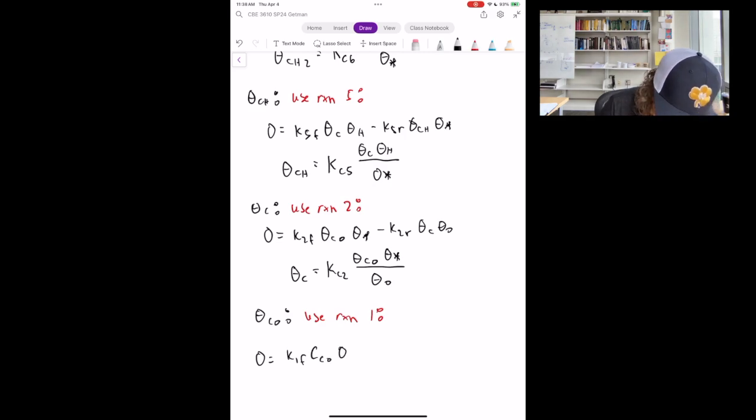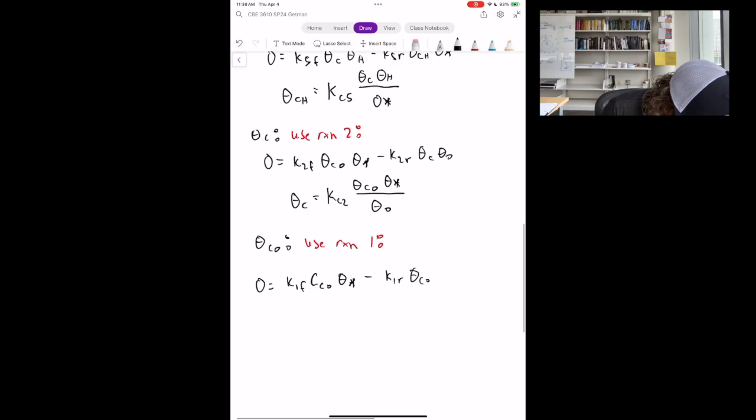We're getting a gas phase concentration finally, instead of a coverage variable. This allows me to solve for my coverage variable. That's going to be K1C, or I guess I should maintain the same notation. So C1, again, that K, uppercase KC is an equilibrium constant. C, CO, and then theta star.